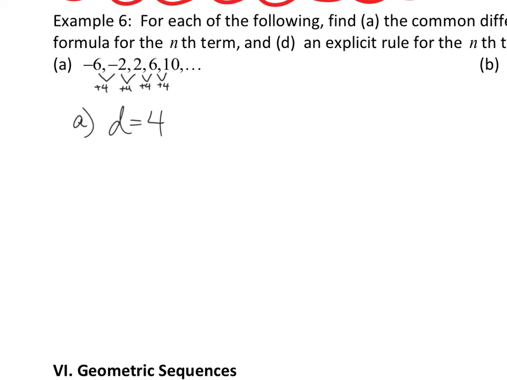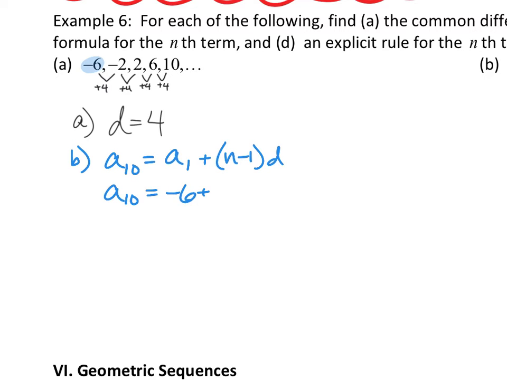Okay, if we find the 10th term, that means we're looking for a sub 10. Now, we have an explicit formula for this, where we need to do a sub 1 plus n minus 1 times d. Okay, I can do that. For a sub 10, the first term in the sequence is negative 6, easy. And then 1 less than the term we're on.